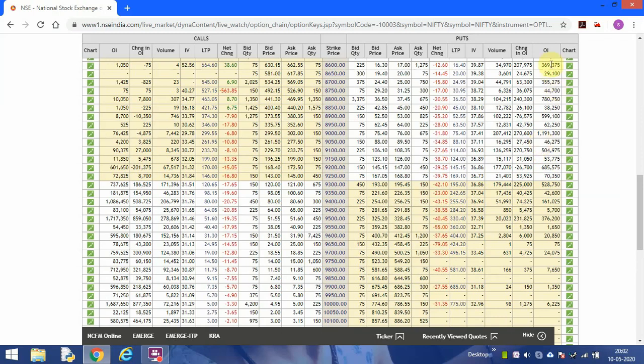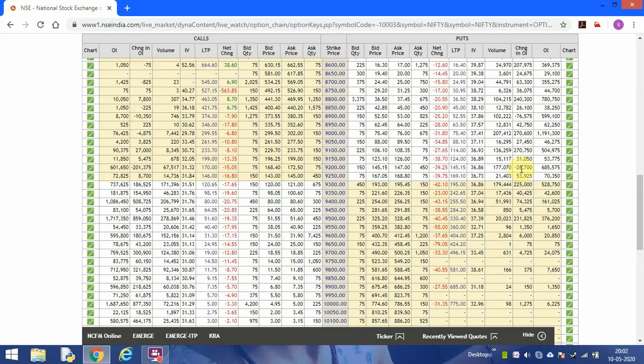So you have to see open interest and change in open interest. You see somewhere it is reducing, somewhere it is increasing. It means following contracts have been added at this point, and at this point some people have left, or some contract has been written at some other level, or they exited.